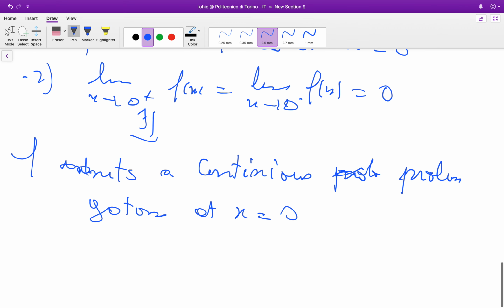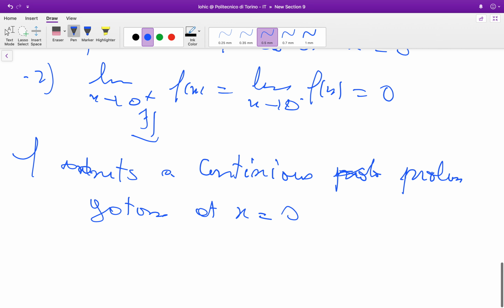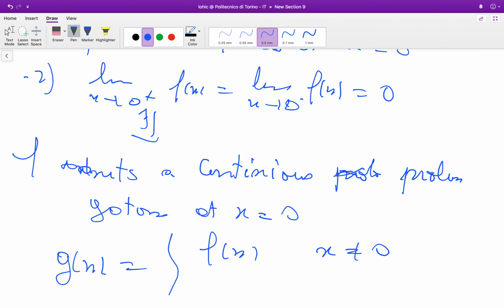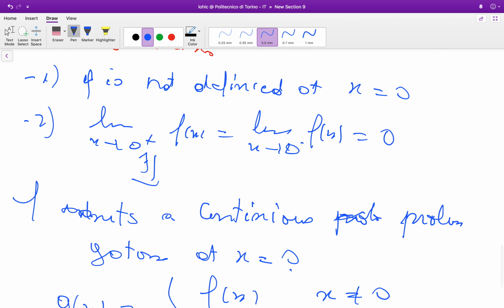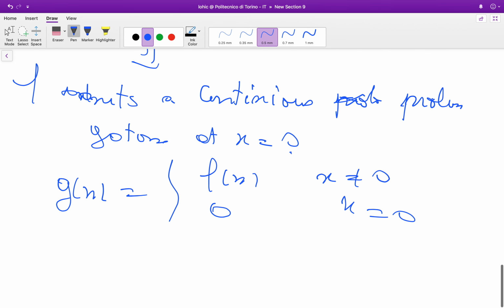Okay, and what is such continued prolongation? Such a continued prolongation can be written like g of x equal to f of x when x is not 0, and it is equal to 0 when x is equal to 0, because the common limit gave 0. Is that clear? Nice.